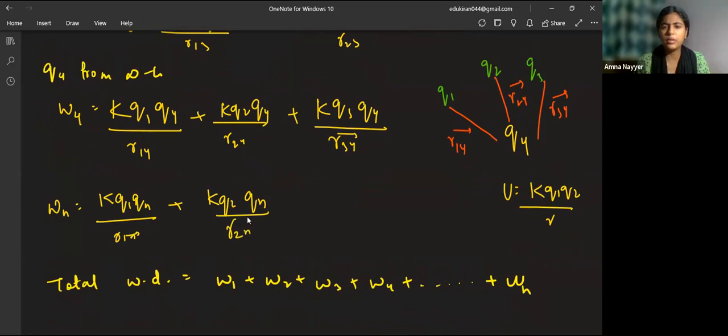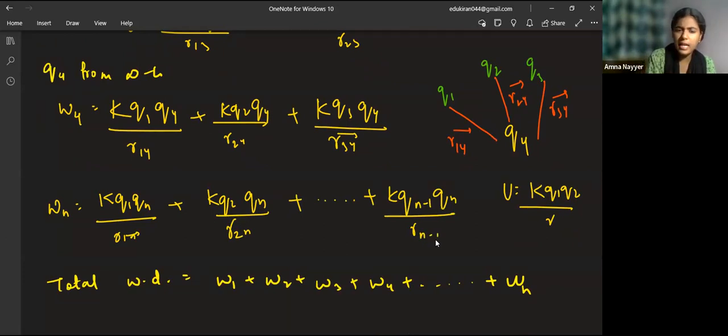That becomes Q2 Qn divided by R2n, plus up till Qn minus 1, Qn divided by R(n minus 1)n, meaning one just lesser than n, multiplied by n. Right, this is what we are writing.